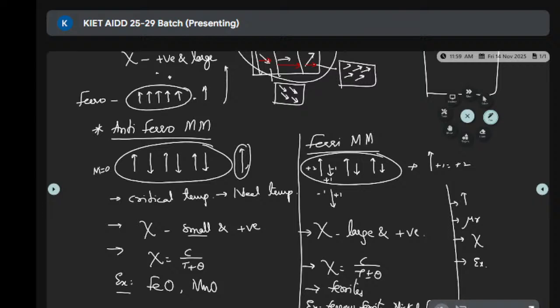Remaining: dependent, independent. What types of hysteresis?